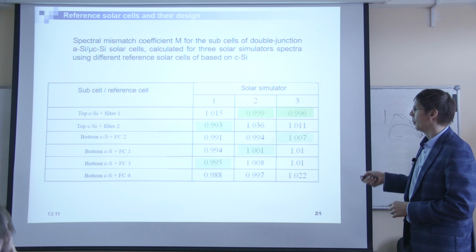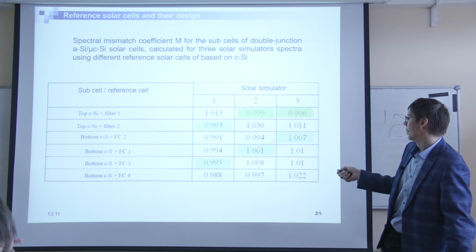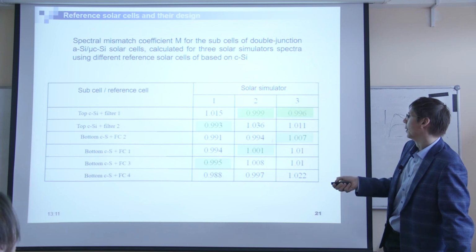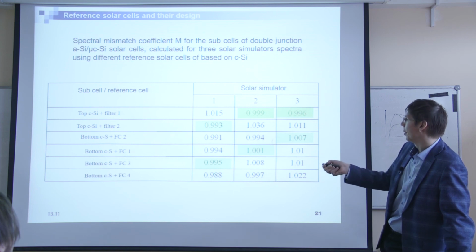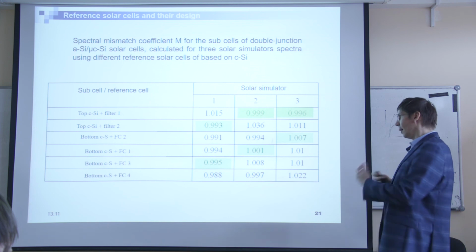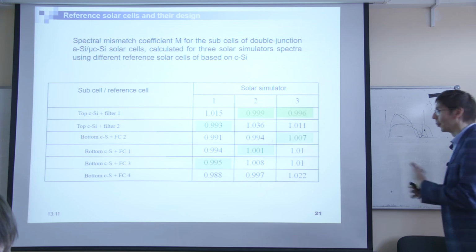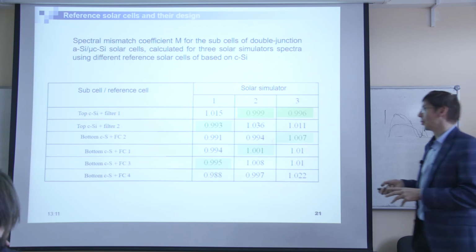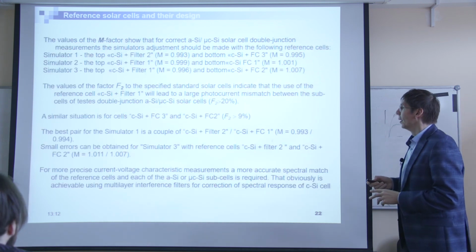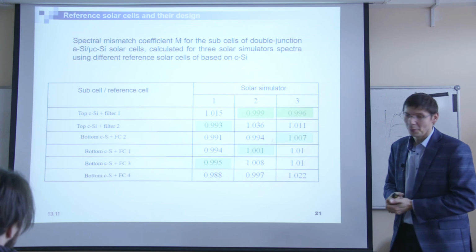For example, here, as I told you, for the bottom junction it is simulator 2 with a combination of filter 1, and unfortunately for the top junction it's not really the case. So it's much more complicated if you want to calibrate the intensity to measure a multi-junction solar cell. And so here you can find some summaries in the table.